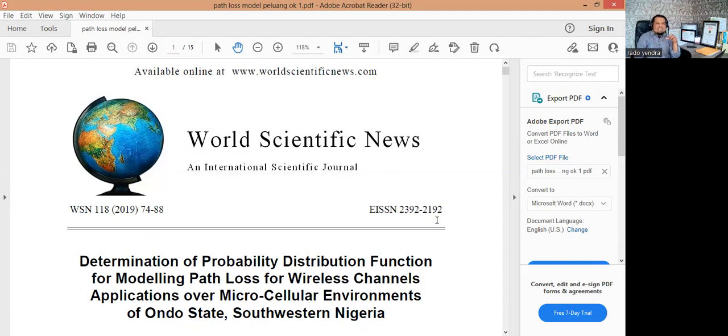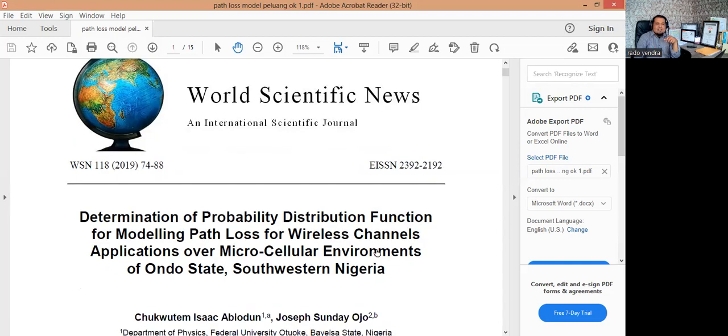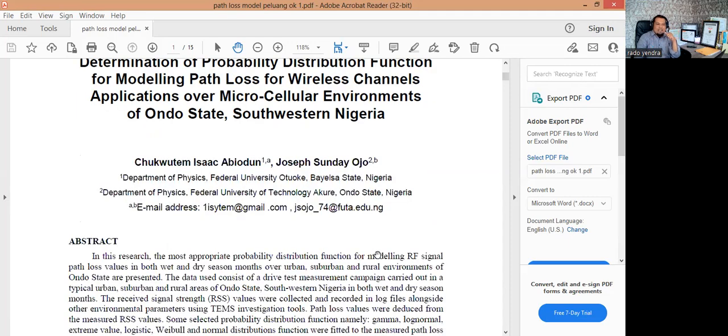In this research article, we have a data set of path loss for the wireless channel, and we try to model this data using six models.